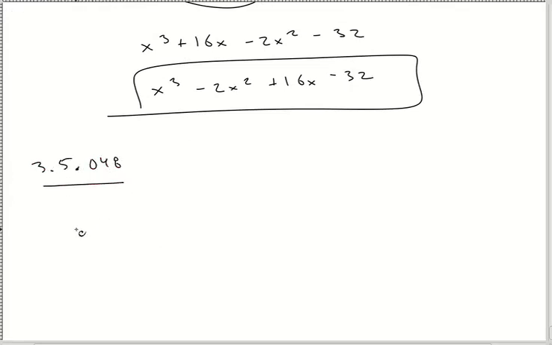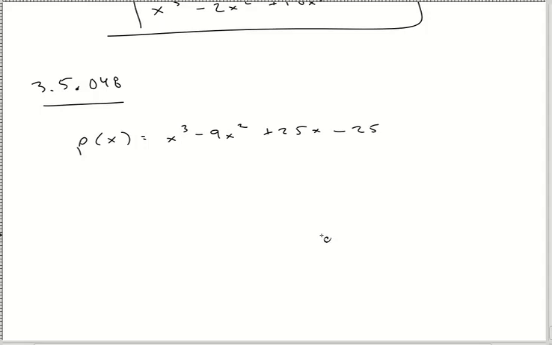35048. So P of x is equal to x cubed minus 9x squared plus 25x minus 25. They say, go figure it out. And I can't see a good way to get the answers here without a calculator, unless we do the possible rational zeros.